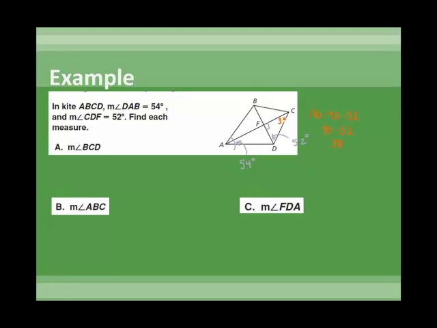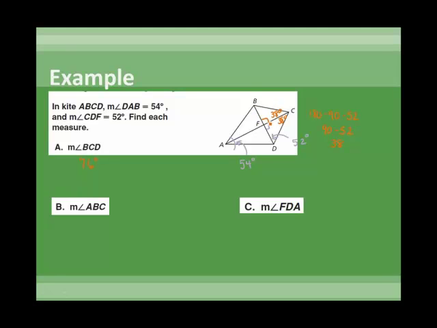So we know this angle here is 38 degrees, and because the diagonals of a kite bisect this pair of opposite angles, this one is also 38 degrees, making the measure of angle BCD twice 38, or 76 degrees.